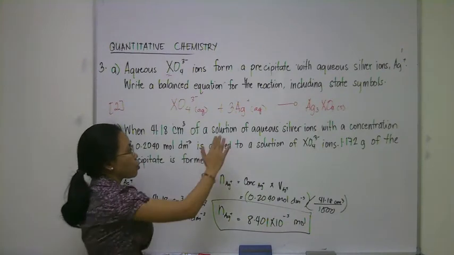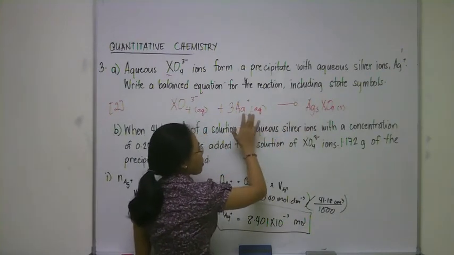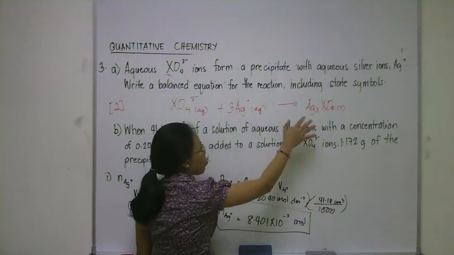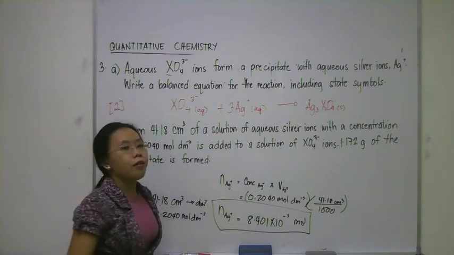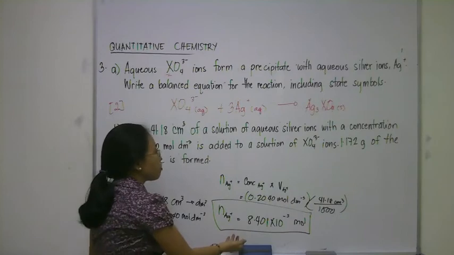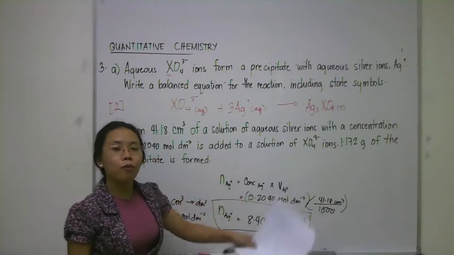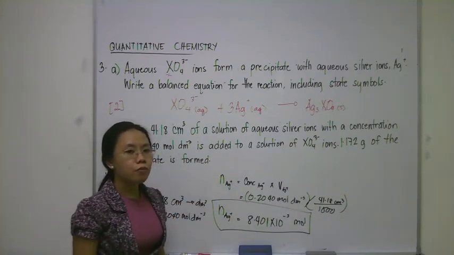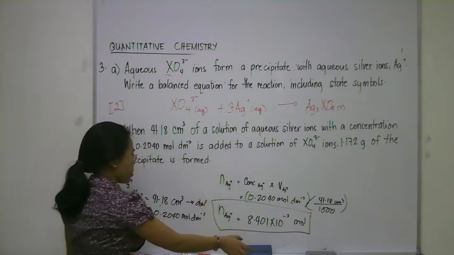The relationship between silver ions and your precipitate is 3:1, or the ratio is 3:1. For every 3 moles of silver ions, you will form 1 mole of your precipitate.